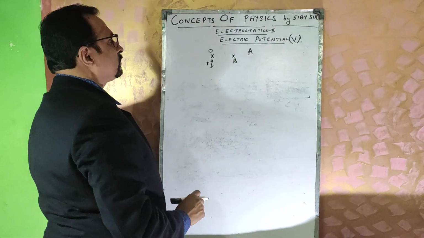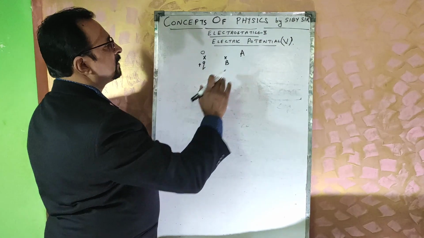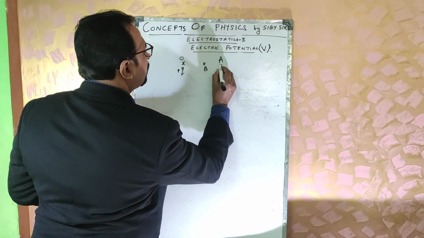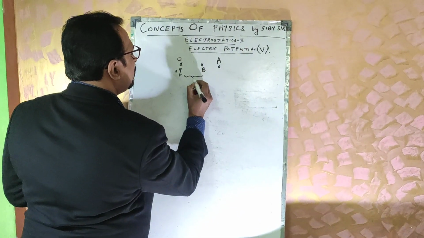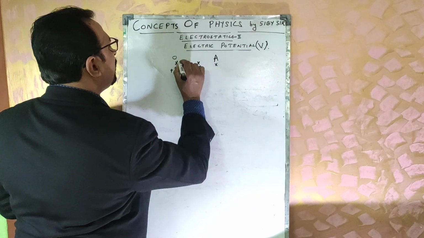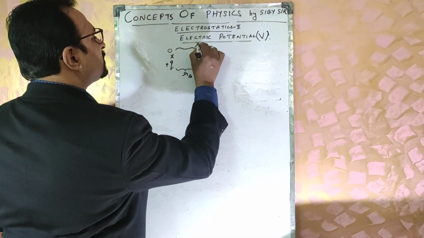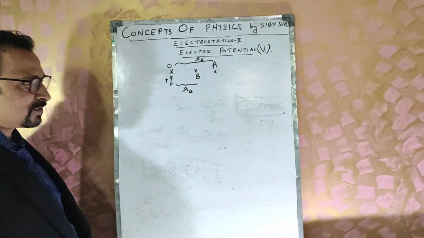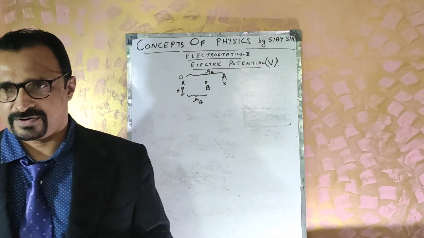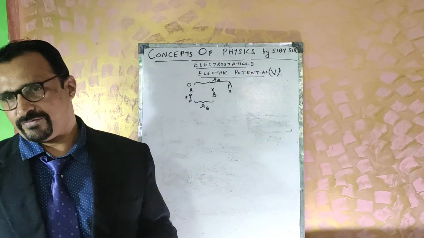Your Q is called the source charge, and B is a point at a distance RB, R of B, and A is a point at a distance R of A. Actually, what does this R stand for? R stands for the position vector.